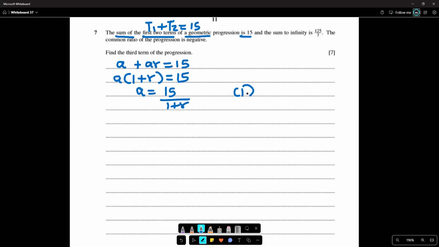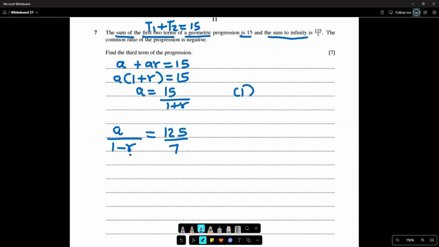And then we are now going to keep on reading. They say the sum to infinity is that. Remember, the formula for the sum to infinity is A over 1 minus R. That is the sum to infinity. And then they're telling us the value of the sum to infinity is that. All right.